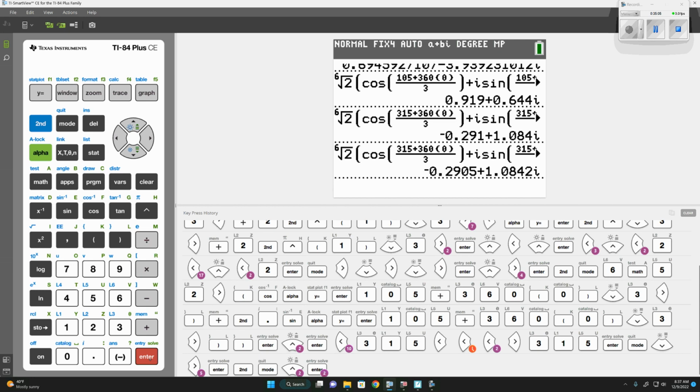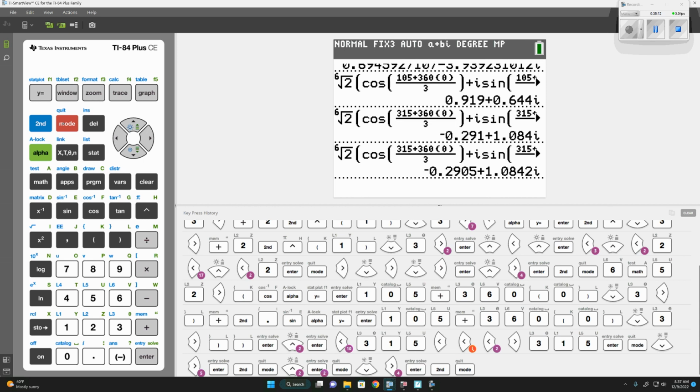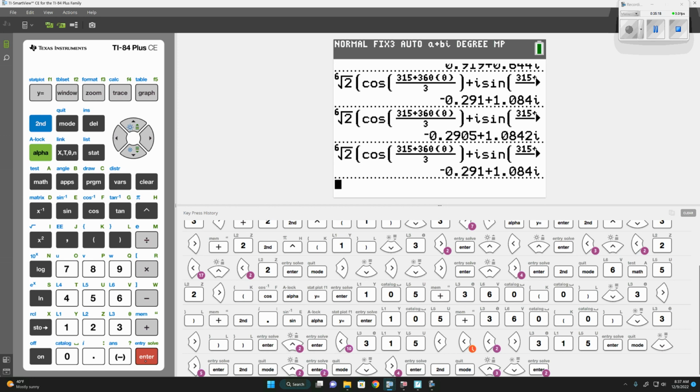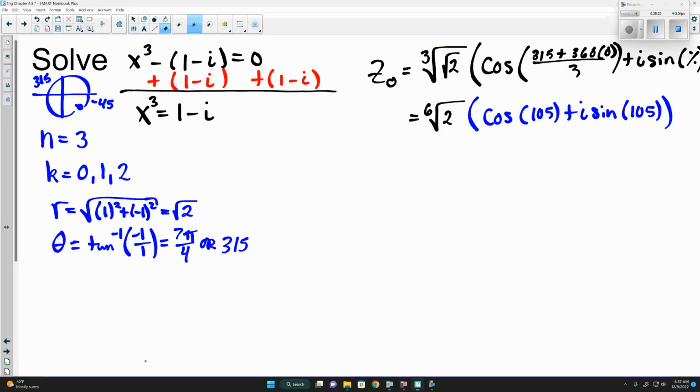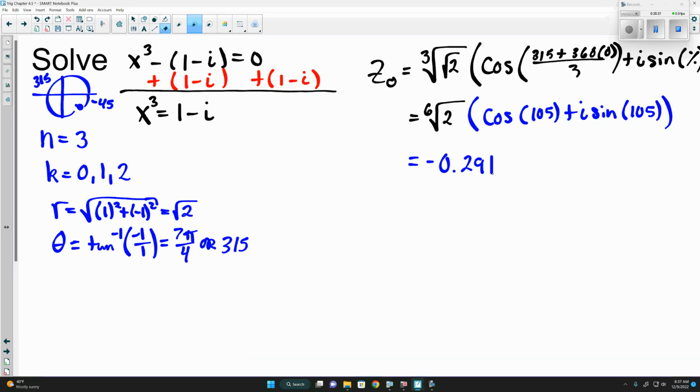So, something nice to know. Our first value is negative 0.291 plus 1.084i.